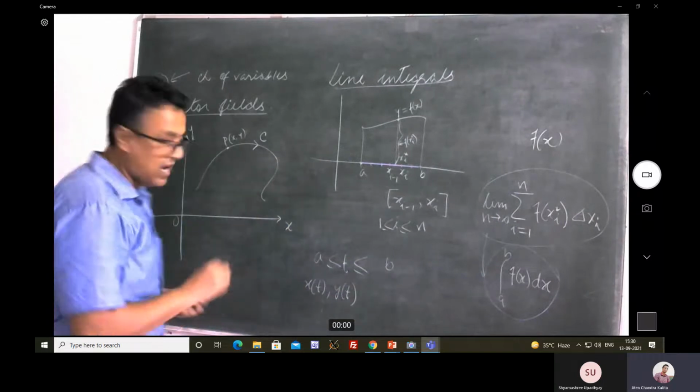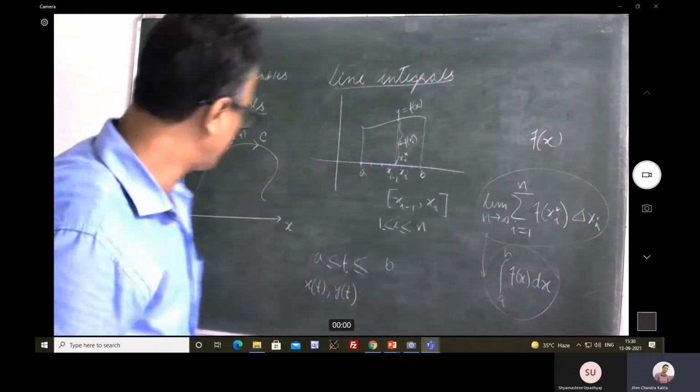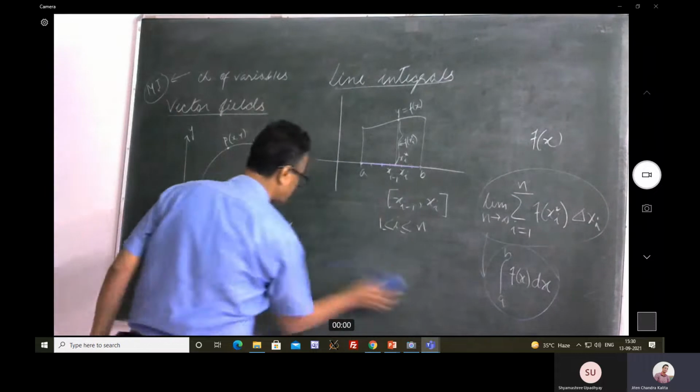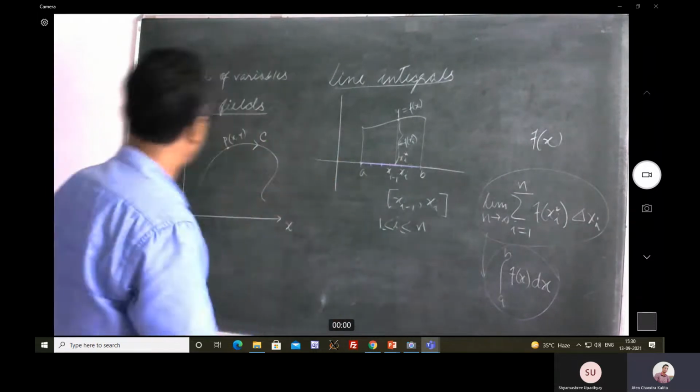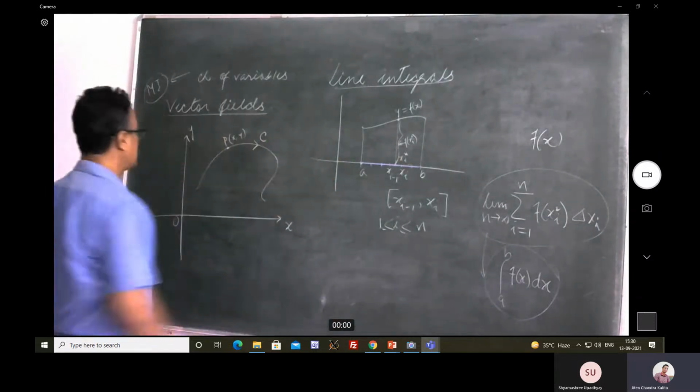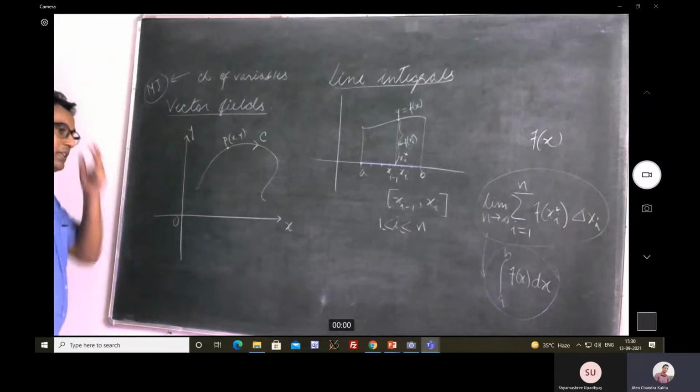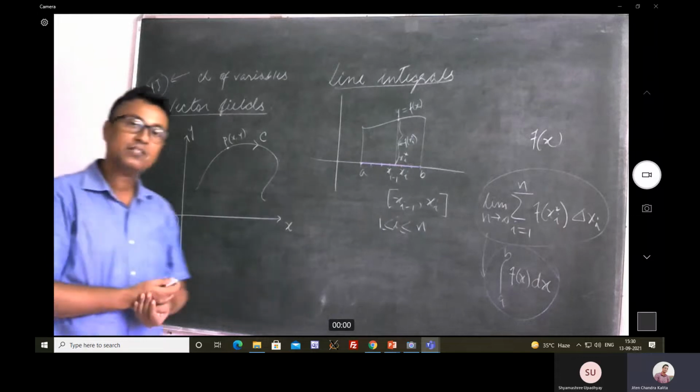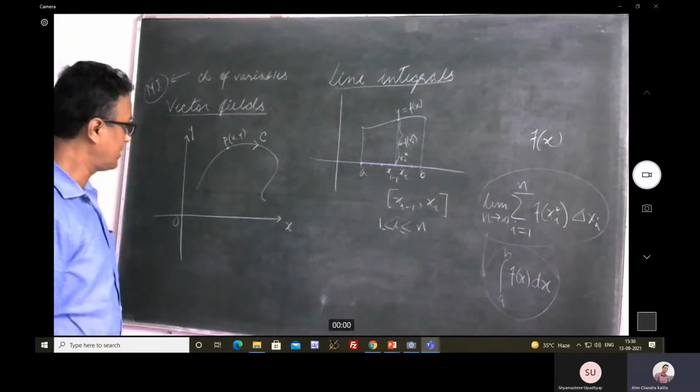Of course, I am assuming that this curve C is a continuous curve, and I am also assuming that this curve is smooth.